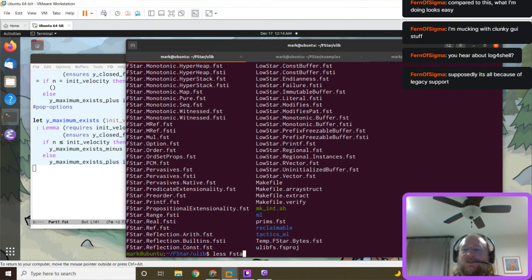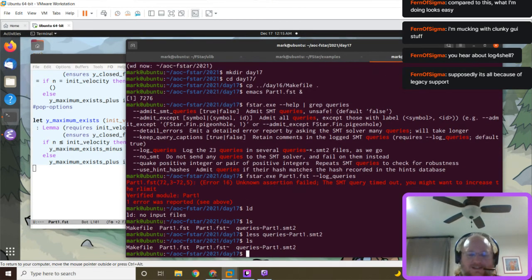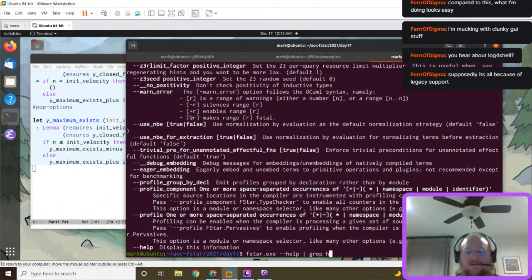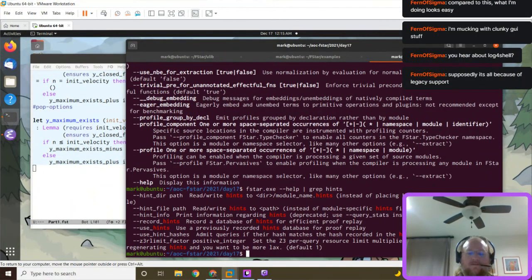So one of the things we can do that I don't entirely understand is we can output a hints file. So if we do that, maybe some of the replay will be faster.